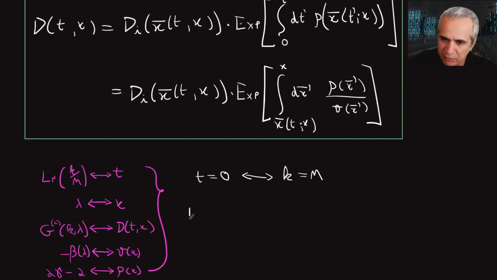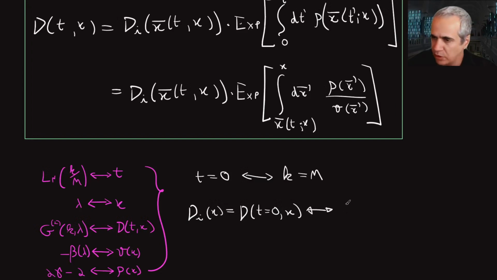And that means my initial condition, rho_i of x, which was defined as the density of the bacteria at time equals 0 and position x, now maps into the 2-point Green function at momentum m and coupling lambda, right? This is the map between these two things.